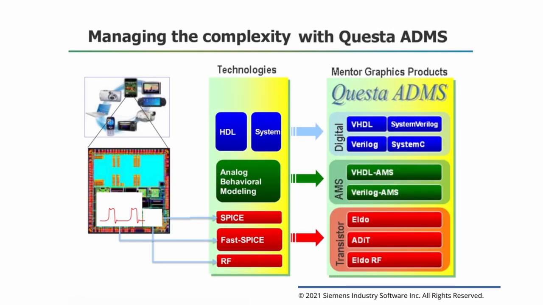Eventually, the design might contain parts described in analog or digital hardware description languages, which need to be incorporated into the simulation to configure a specific operation mode or describe a specific function. Test scenarios often are described with System C or System Verilog languages. ELDO, ADIT and Questa ADMS are helping you to manage the complexity.